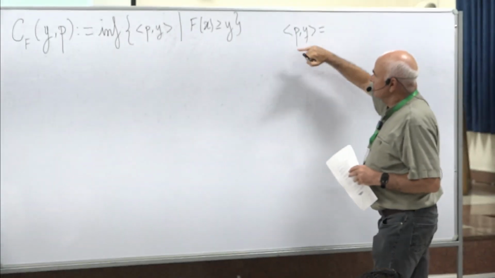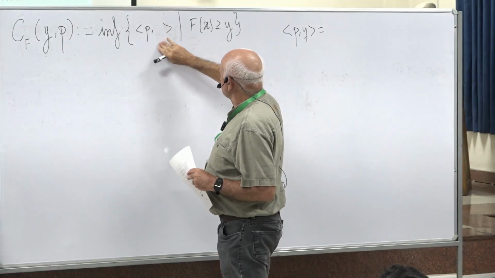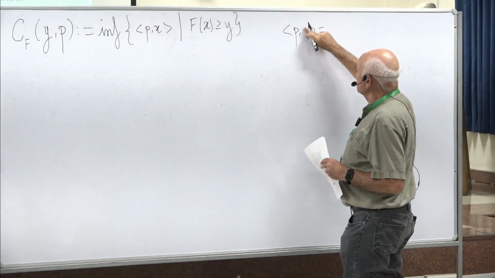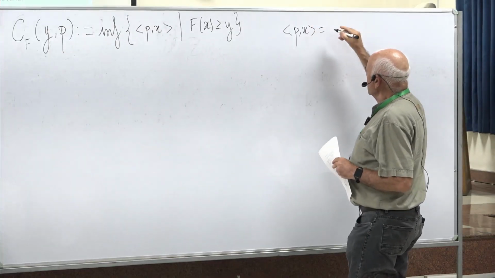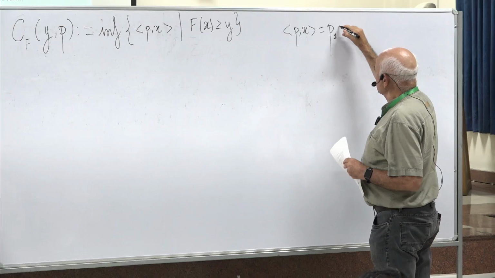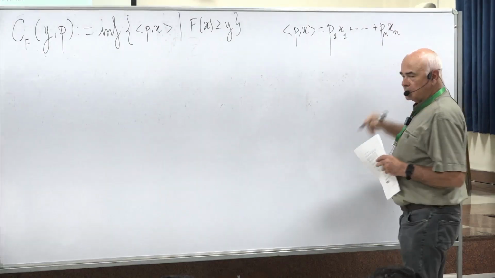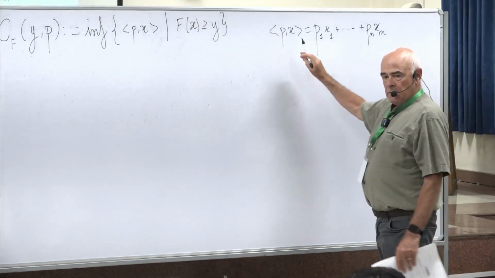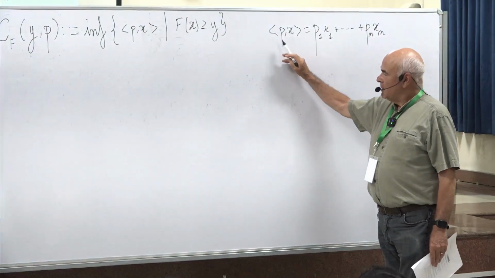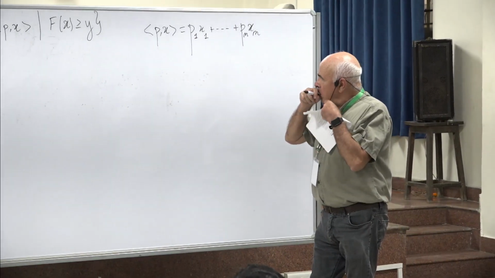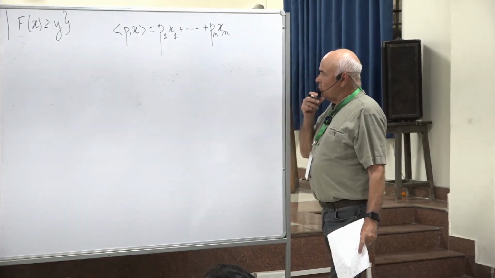It is p1 x1 plus ... pn xn. It means if I use the input vector x under these prices, this is what I have to pay to obtain those inputs.